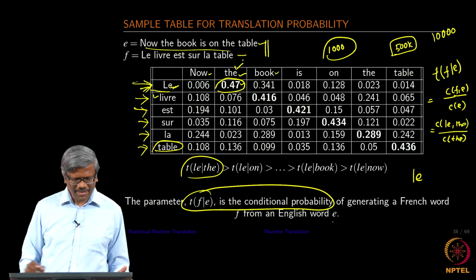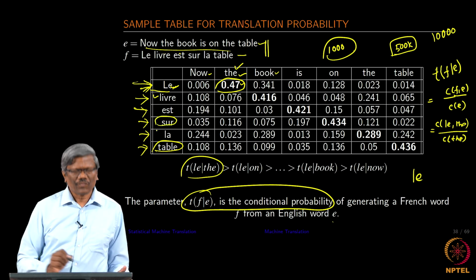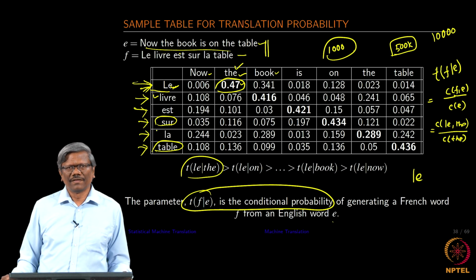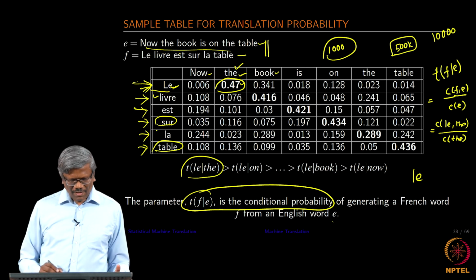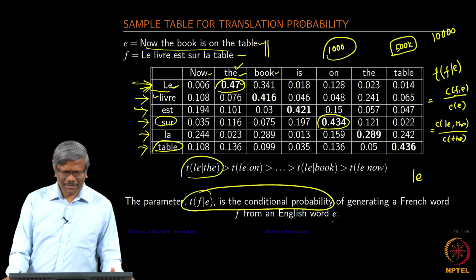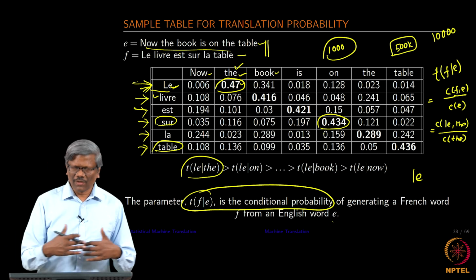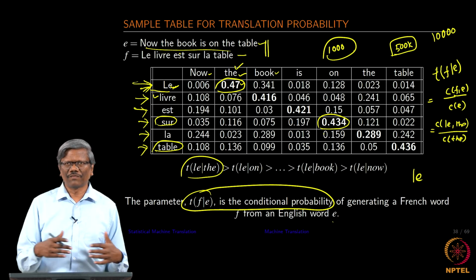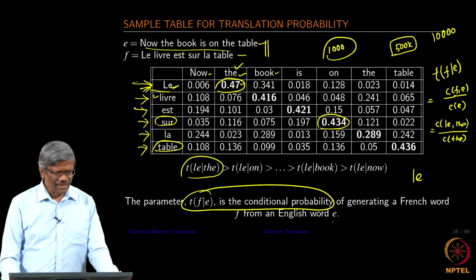In the same way, if you have encountered this word here, the probability of translating that into on is very high. So, assume in all these cases that we are talking about, we are going to be translating from French to English, all right.